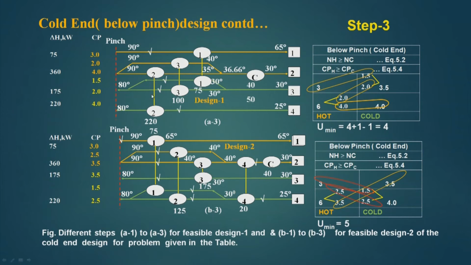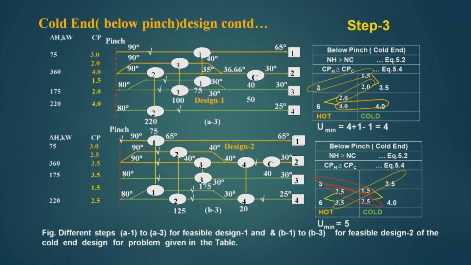So, if I split this stream into 2 parts, 4 and 2, this is the stream which has been split, 4 and 2, then this part will have 100 kilowatt of energy, and when I transfer to this, this stream is ticked off, that is stream number 3 is ticked off, and this temperature has been brought down to 40 degree centigrade.